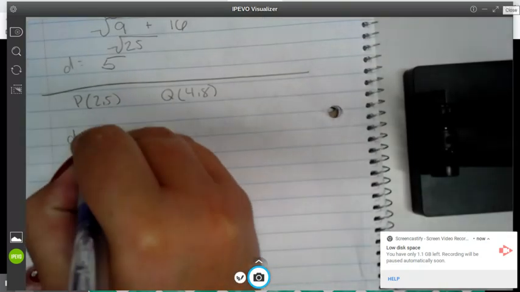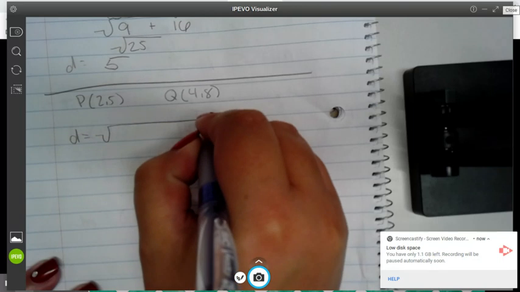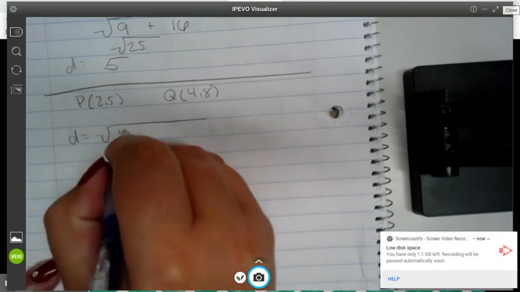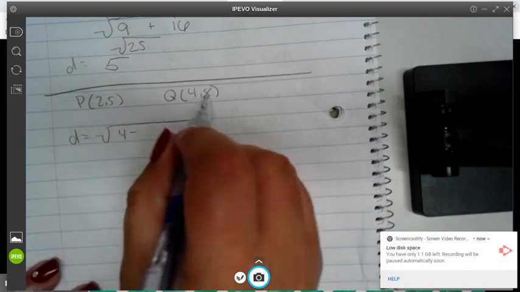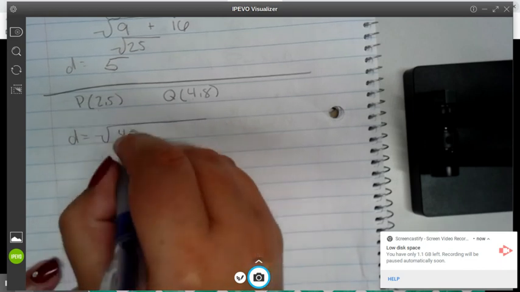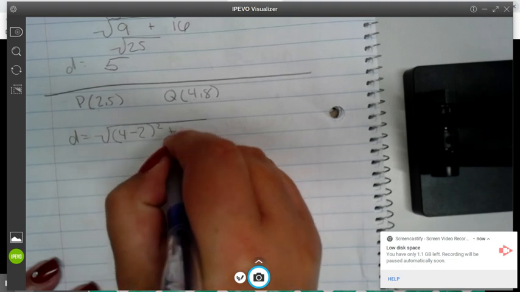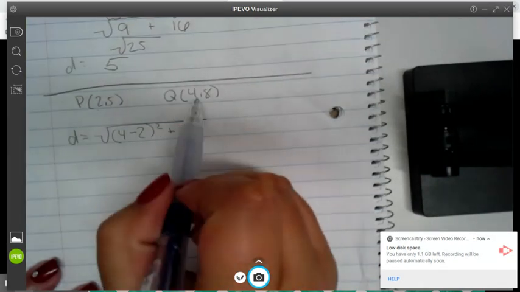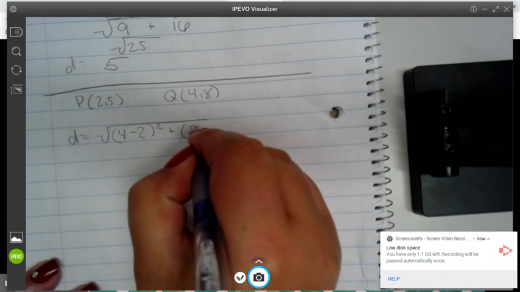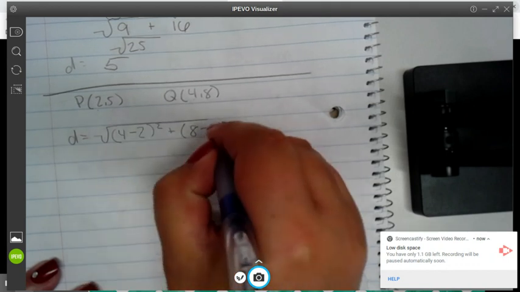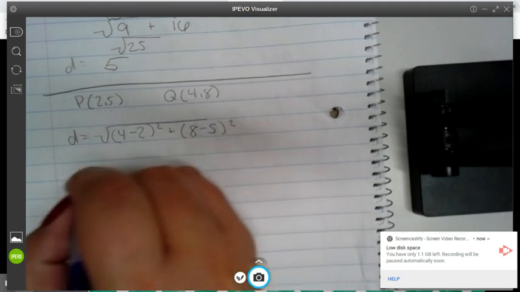D equals the square root of x2 minus x1 squared plus y2 minus y1 squared.